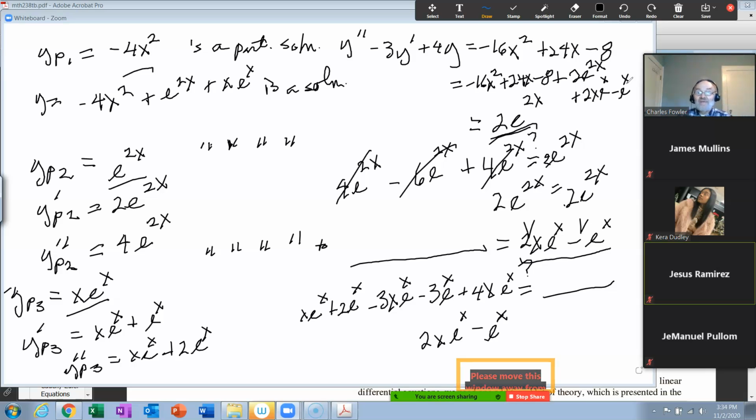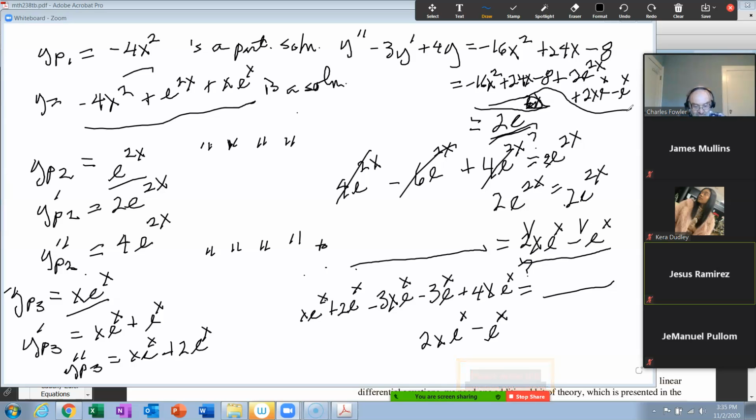Okay, so that superposition of the three particular solutions, which I wish I could find my cursor. Where is it? There it is. That superposition of the three particular solutions will be a solution for this right-hand side of the non-homogeneous differential equation. Okay?